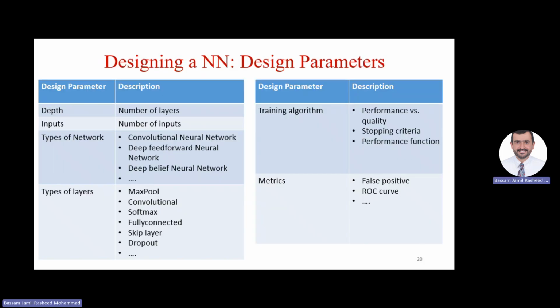Okay, so these are the parameters for a neural network. There are plenty: number of layers, how many inputs, the types of networks, and what the layers are, because some layers do specialized computations, as we will see ahead. There are different training algorithms. There are metrics. A whole world.